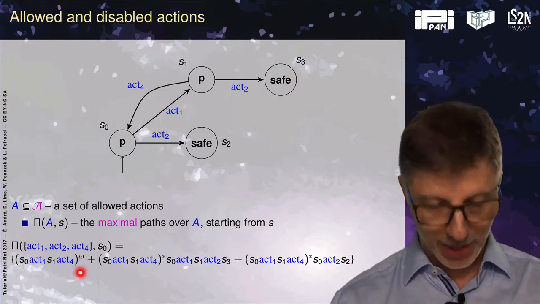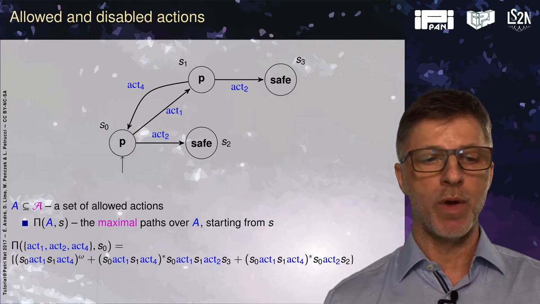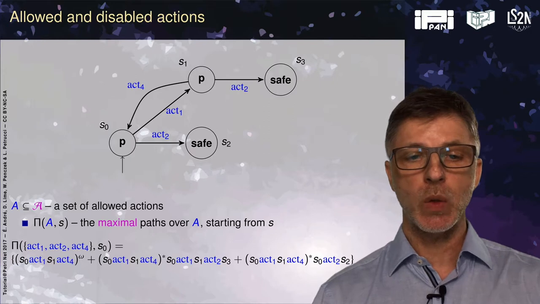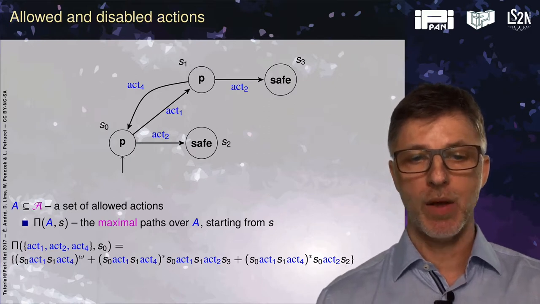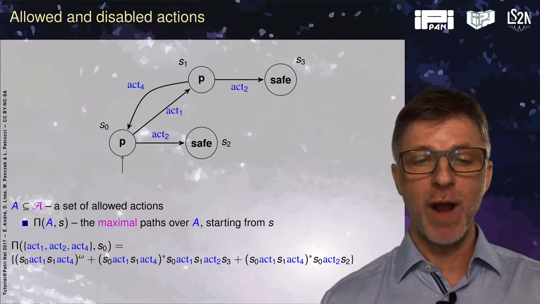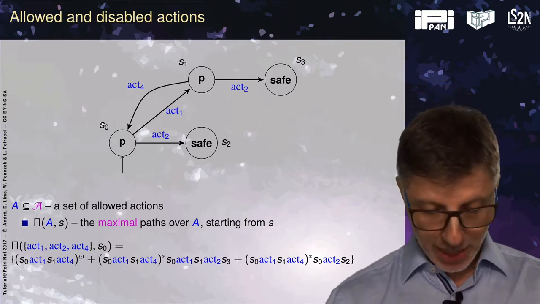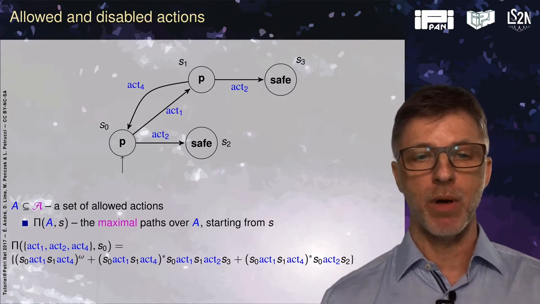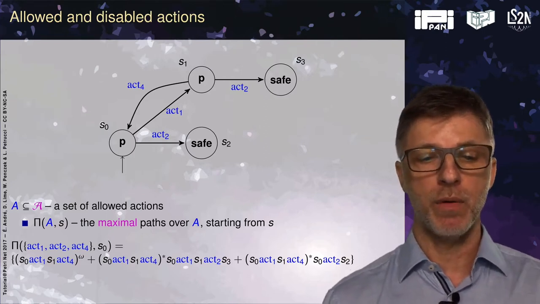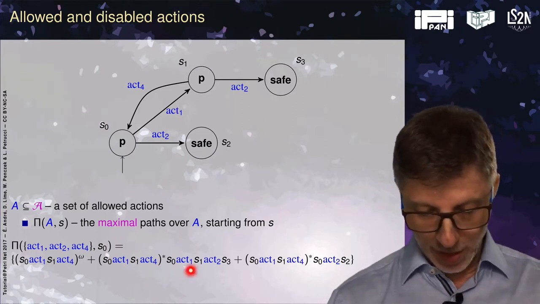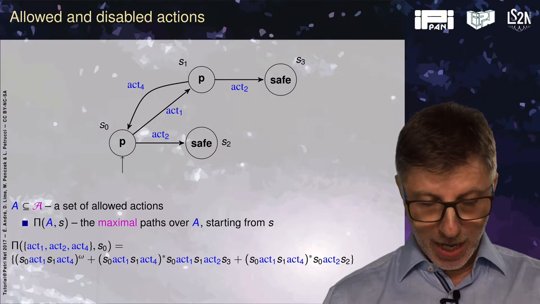So this is that one, which loops over Act 1, Act 4, and there are two infinite sets of finite maximal paths, namely that one in which first there is a number of executions of Act 1 and Act 4, and then Act 1 and Act 2.